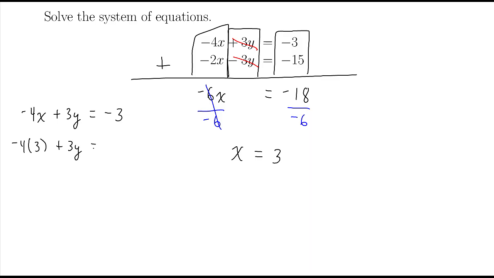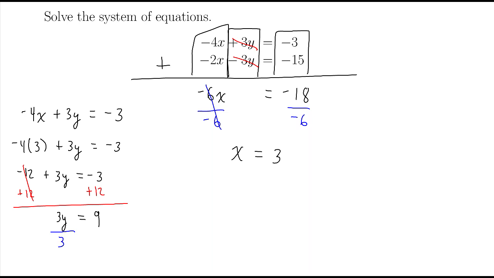And so now I have another simple equation where I only have one unknown, that's y. So negative 4 times 3 is negative 12 plus 3y equals negative 3. I'm going to add 12 to both sides to get rid of that constant term. 3y is equal to negative 3 plus 12, which is 9.